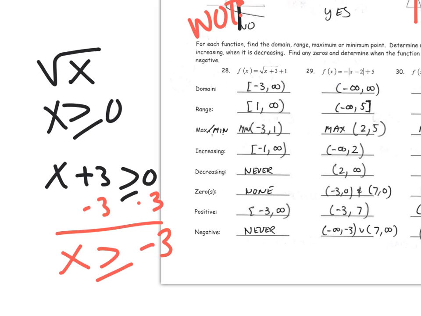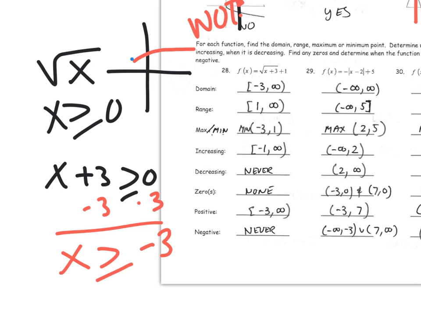Now, the range, we should graph this. And if we graph number 28, it's going to look like this. In the graph, it starts here and goes up. Well, what is this point right here?